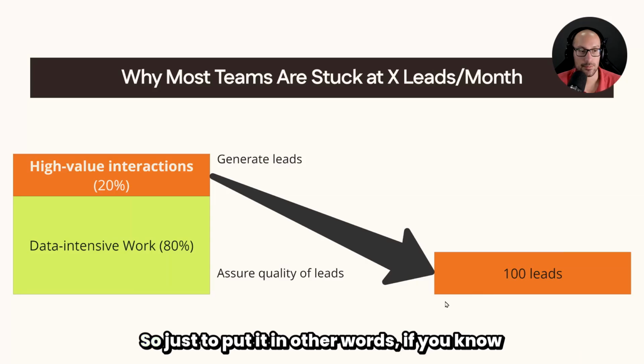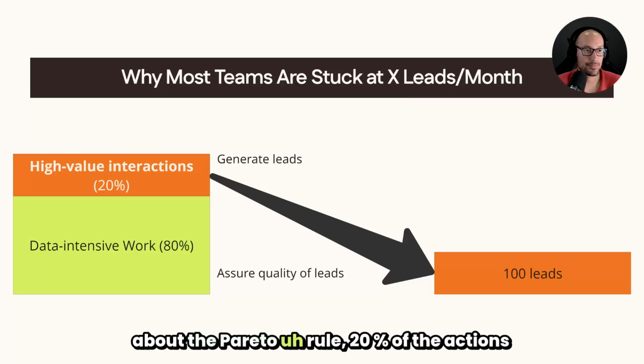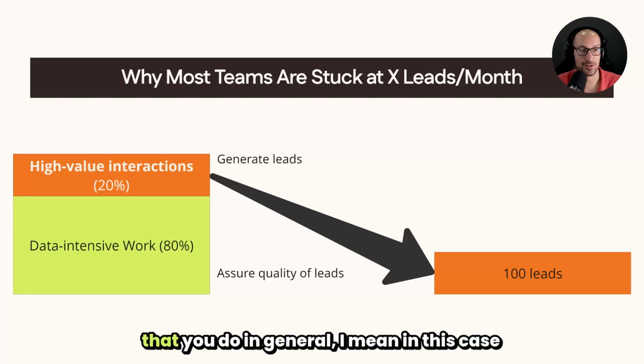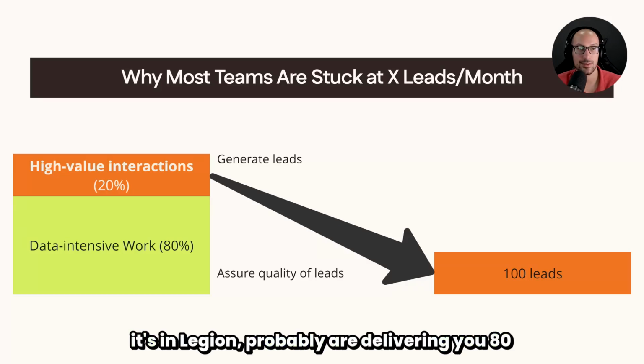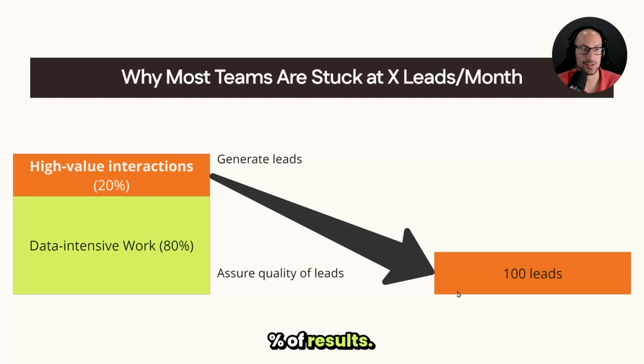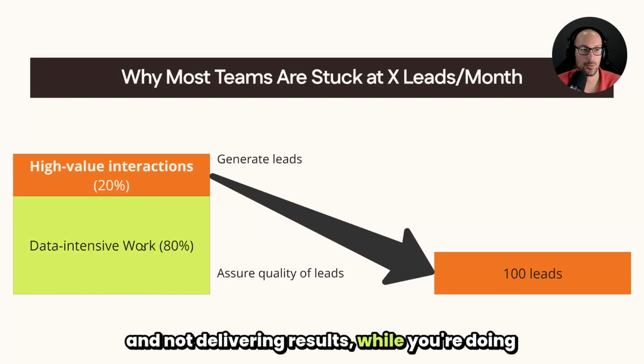So just to put it in other words, if you know about the Pareto rule, 20% of the actions that you do, in this case in lead gen, are probably delivering 80% of the results. But if the other 80% are not delivering results, why are you doing that?